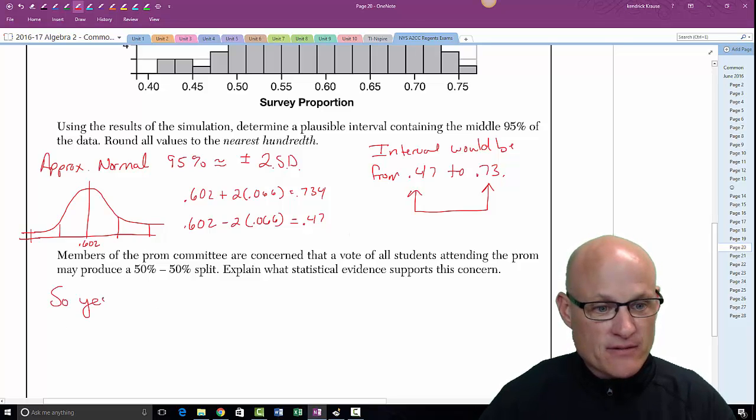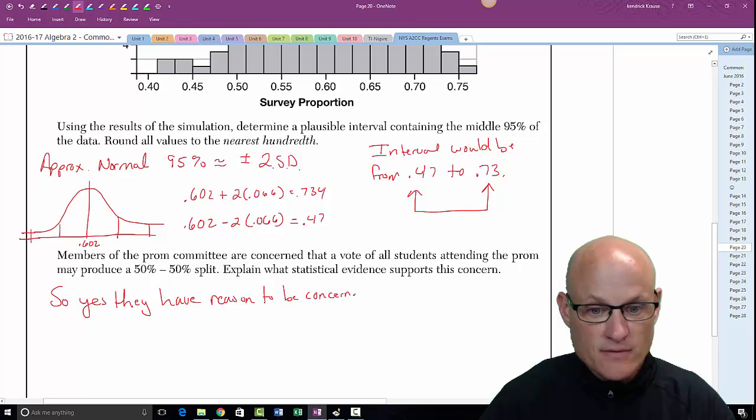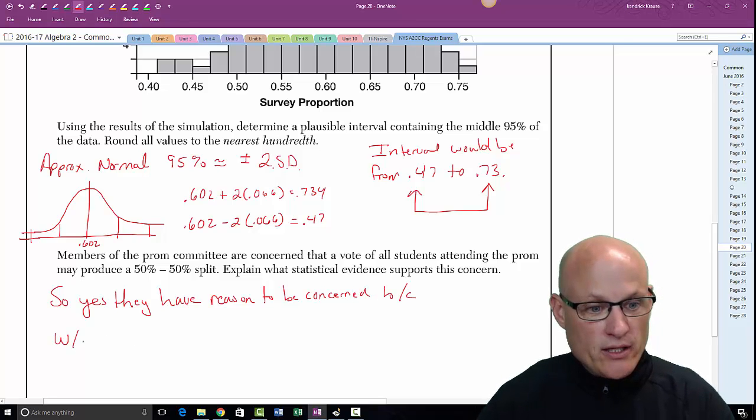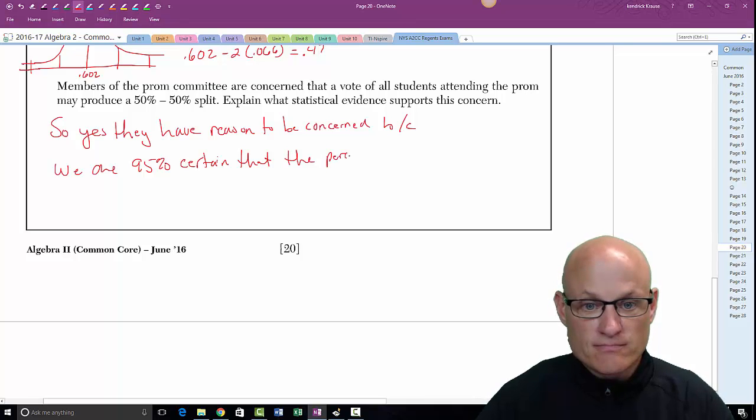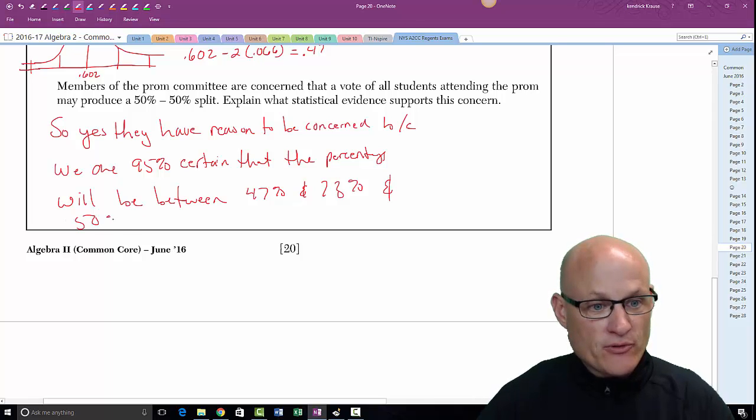So yes, they have reason to be concerned, because we are 95% certain that the percentage will be between 47% and 73%, and 50% falls in that range.